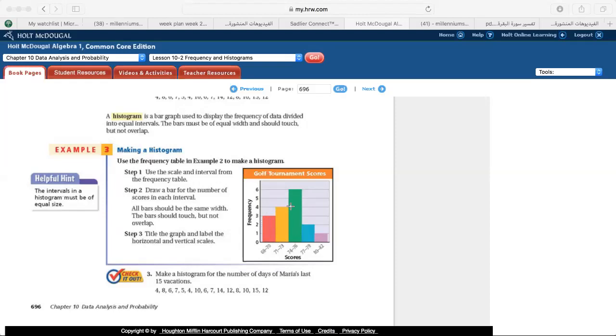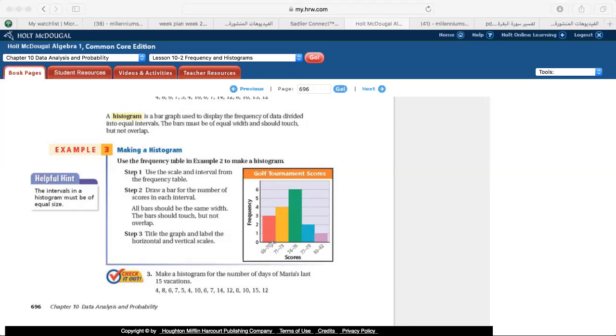Okay, girls? So first here, I'm going to do an interval. Okay? Like, I choose the first interval from 68 to 70. So it includes all the numbers from 68 to 70, and from 71 to 73, and from 74 to 76, and from 77 to 79, and from 80 to 82.